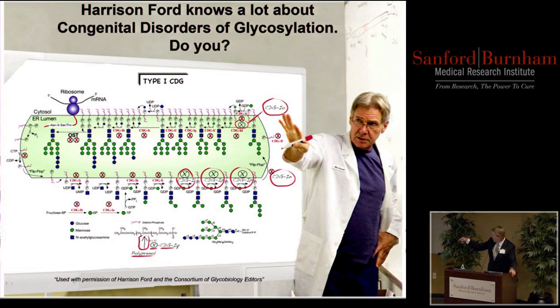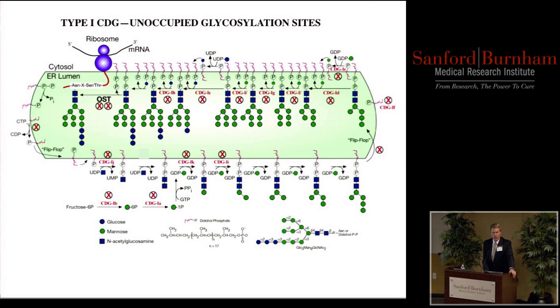And the red pen there marks the most recently discovered types of disorders. We're not going to talk about all of these. This is in fact only half of them. We're going to focus just on this little group down here.